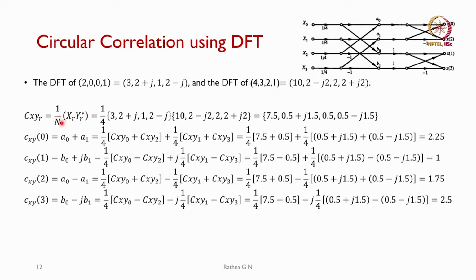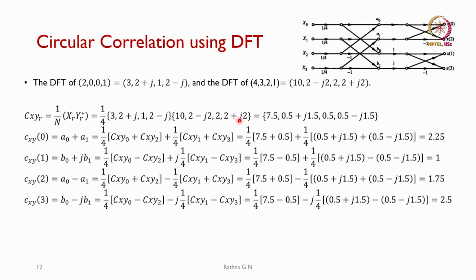Now we will calculate the circular correlation Cxy of r. So, 1 by N into Xr into Yr conjugate. If we substitute, this is our Xr, multiplied with Yr conjugate. Yr is 10, 2 minus j2, 2 and then 2 plus j2.